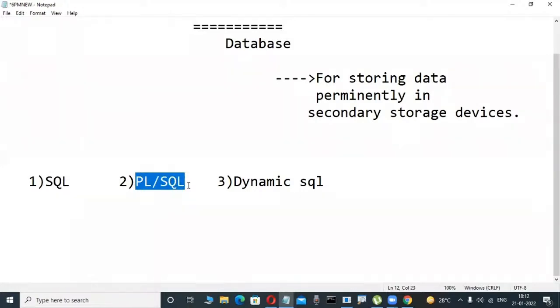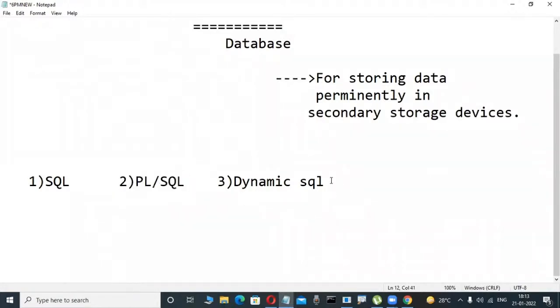Why is this language really required? Really, so many jobs are available in PL/SQL also. Why is this language required? Because of so many applications.